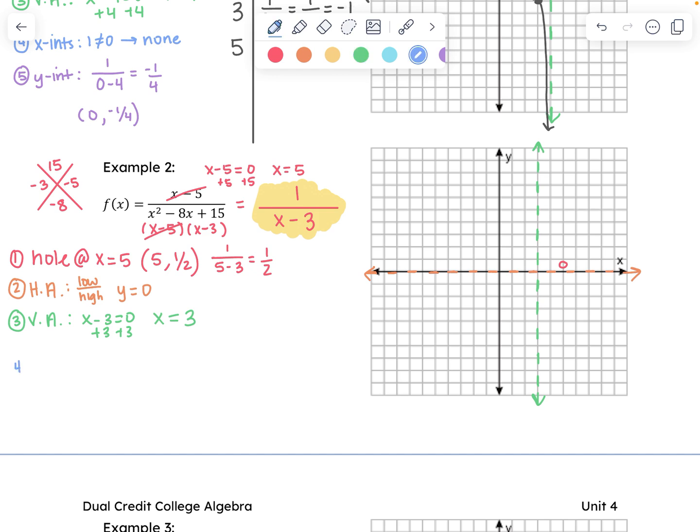Find my x-intercept. That's at the top equal to 0. But once again, we've just got 1, which can't equal 0. So that means that we have no x-intercepts. I'm going to write none.